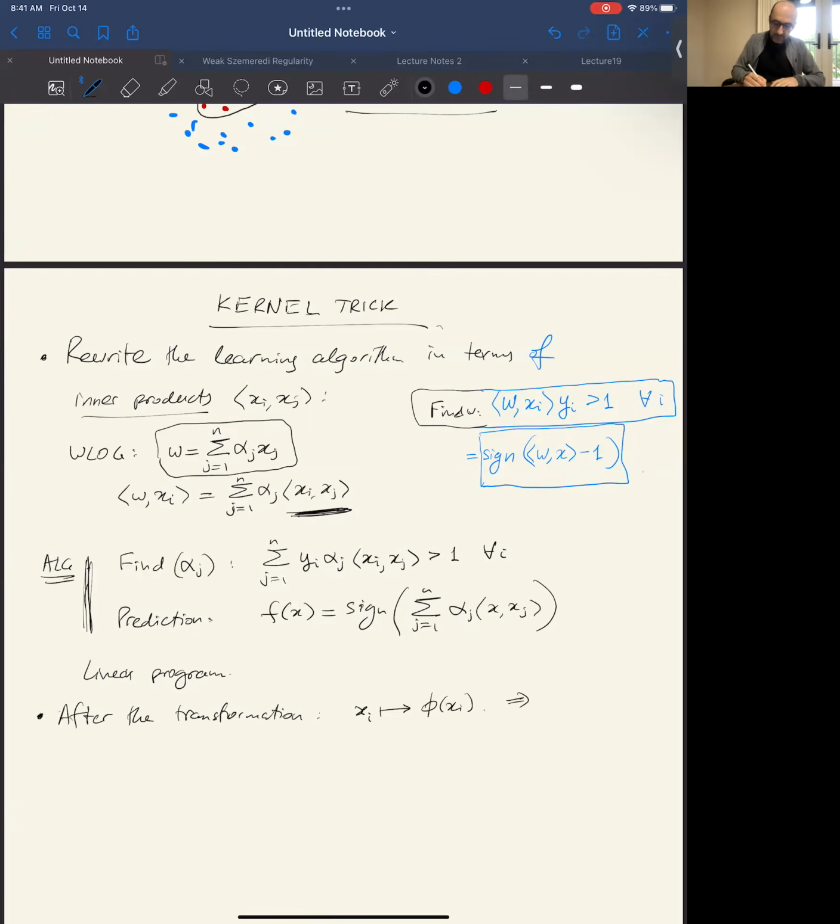So the new algorithm in the transformed space becomes this: find alpha j. I'm just rewriting, but replacing the data with the transformed versions. So phi of xi, phi of xj.